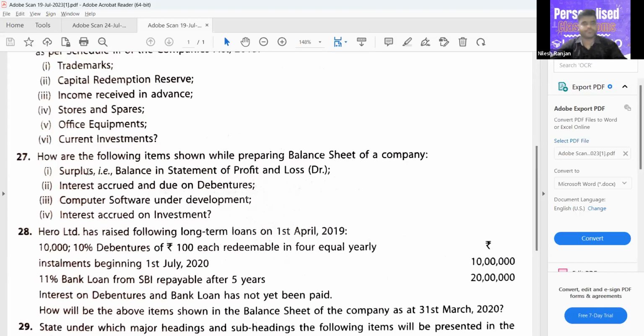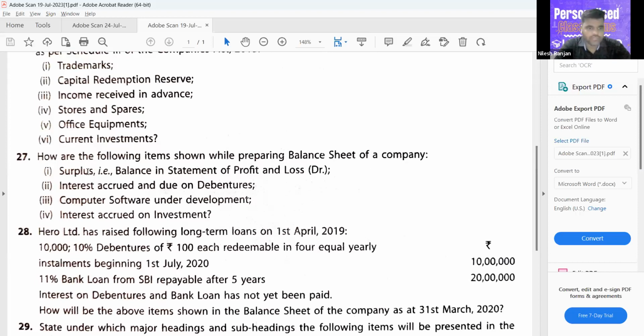So the first one will be shown under reserves and surplus. Very good. We will show it under reserve and surplus, but it will be deducted from other reserves because it is a debit balance. Next, the second one will be shown under other current liabilities, interest accrued and due on debentures.